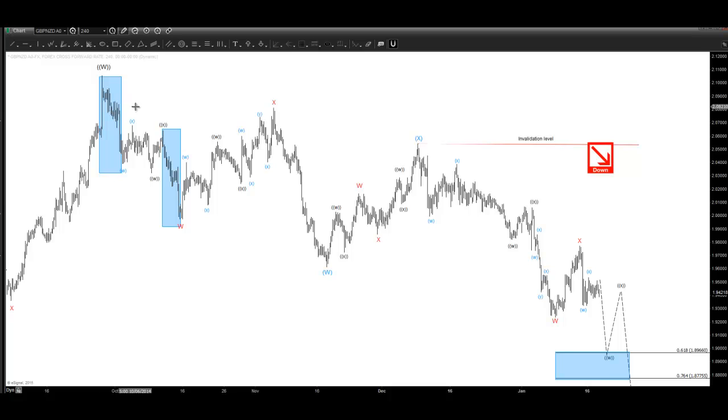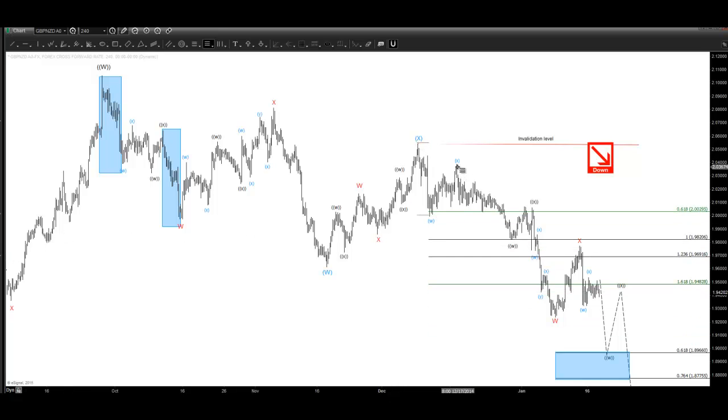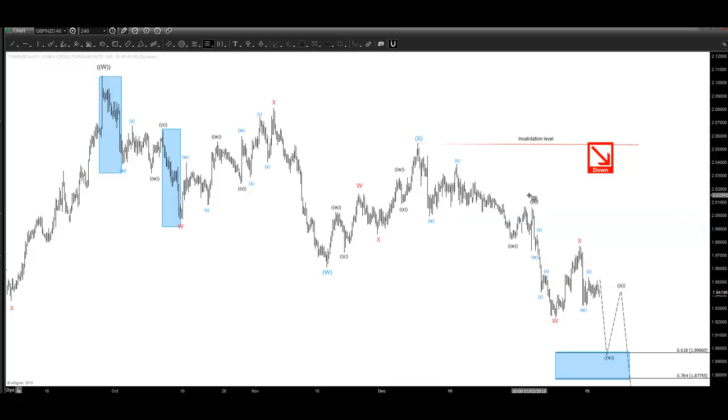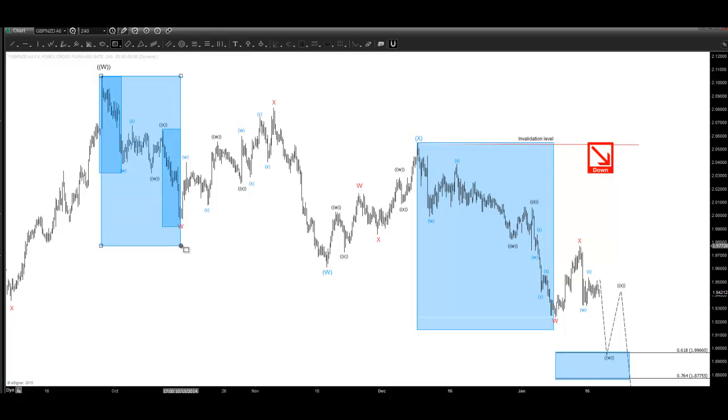Then the market started dropping again, and the market then broke the lows in the W, and it goes W, X, and Y, another equal X extension there. It did a connector, then it did another equal X here to create the W. It's worth saying that this W is equal to this W in degree, and that this X is equal to this X in degree.